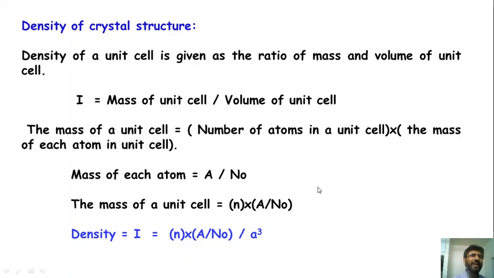So the density of any crystal structure can be expressed as rho equal to N multiplied by A divided by N0, divided by a cube, where N is the number of atoms in the unit cell and a is the edge length of that cube.